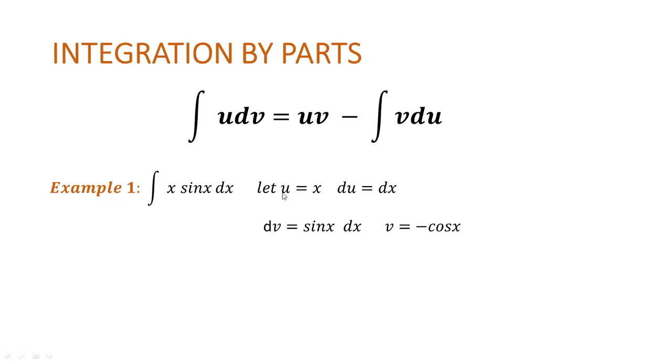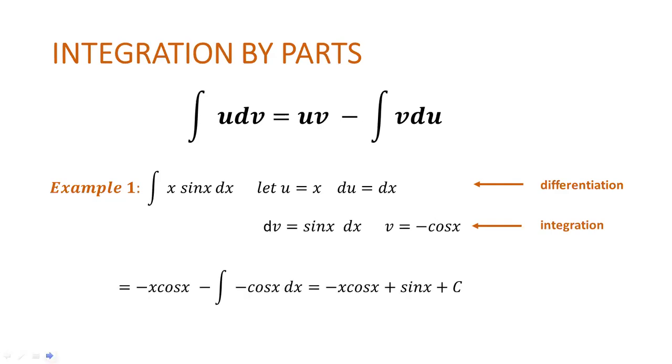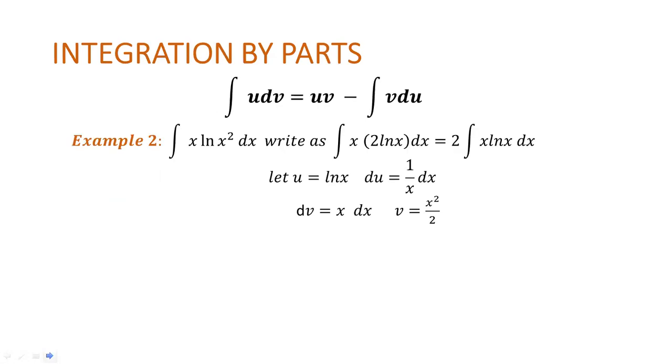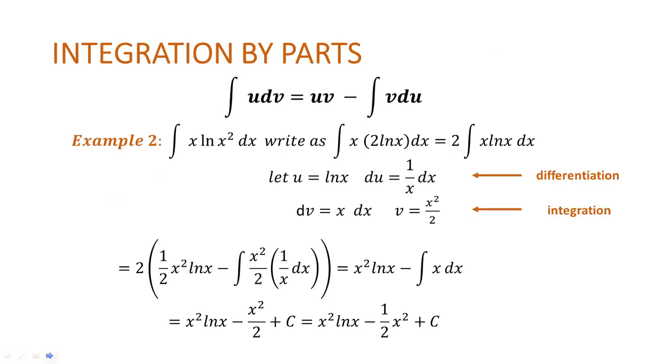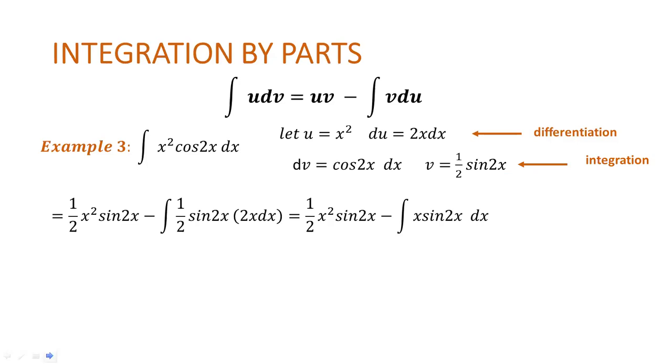The rest will just follow once you have chosen the u and the dv. If you have chosen the u, get the derivative. If you have chosen the dv, get the integral. Then you follow the formula provided here: uv minus the integral of v du. I have examples here, where you differentiate and integrate, and the rest all use integration by parts.